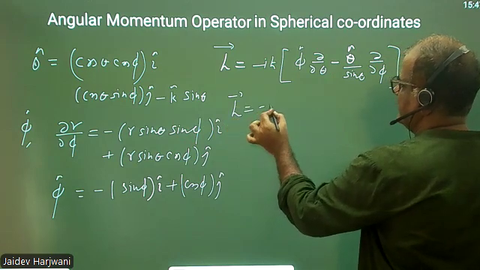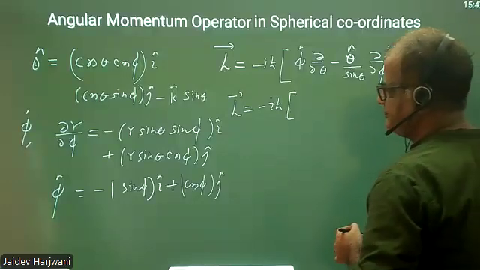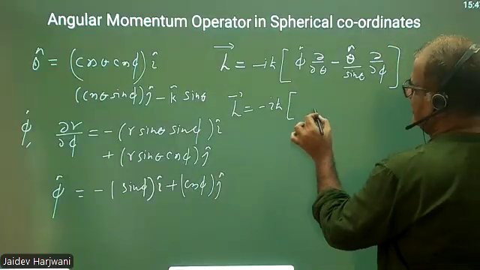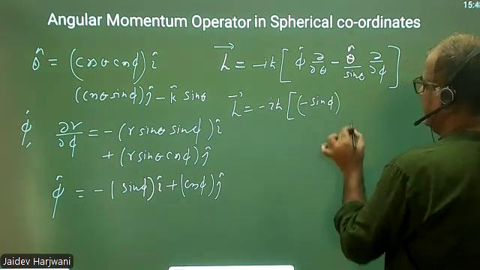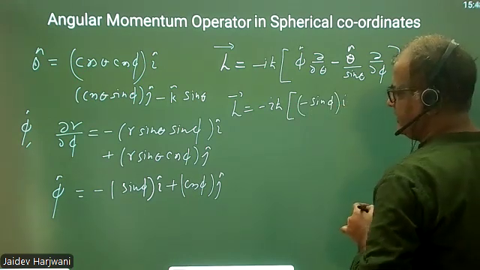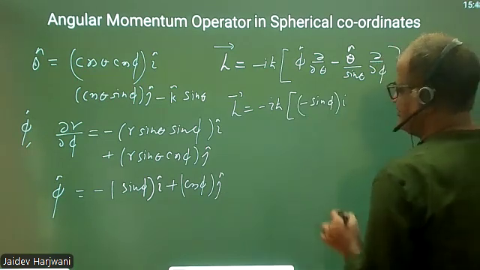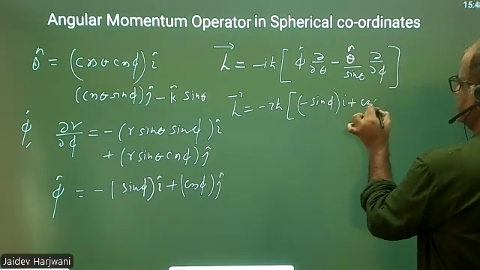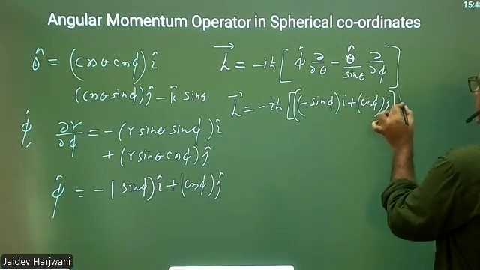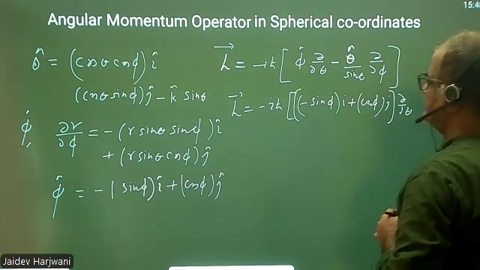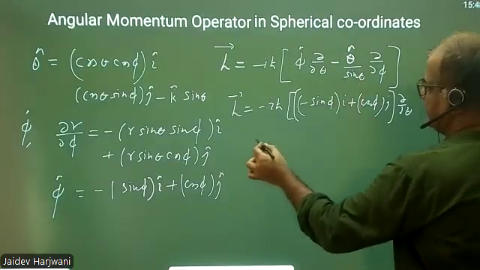Just put it here and you'll get the components of L. So L is minus iota h cross phi cap, which is this one: minus sin phi i cap plus cos phi j cap, and you have del upon del theta. Now you want to write theta cap.